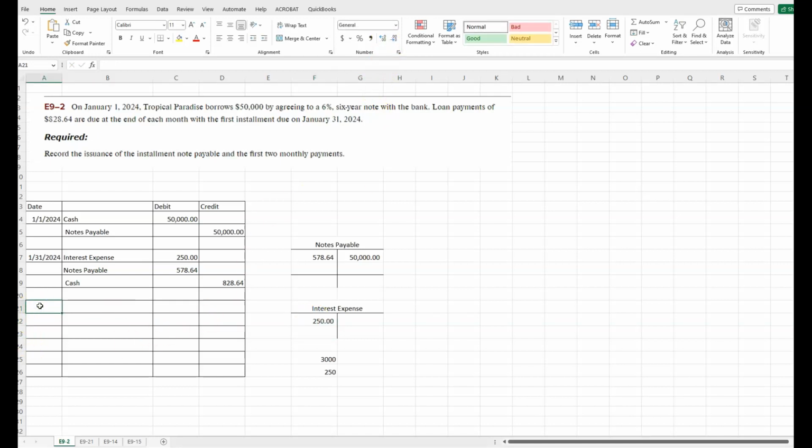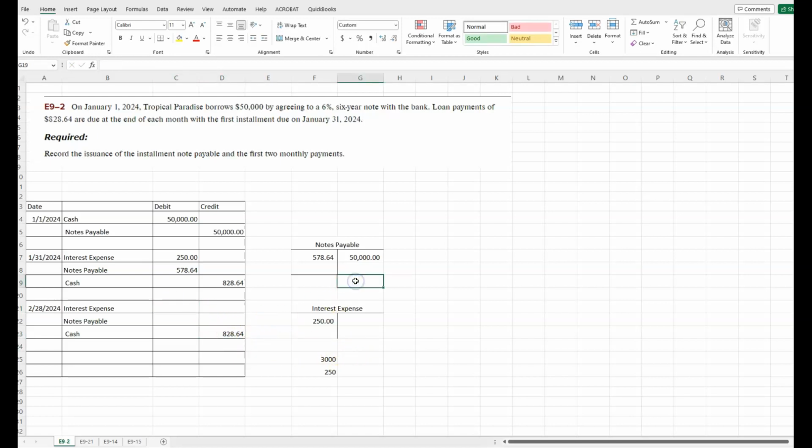Next payment is due February 28th, 2024. We're going to do the same thing. Interest, notes payable, cash. The difference is the amounts are going to change a little bit. Cash is always going to be $828.64. The question is, how much interest expense do we have?